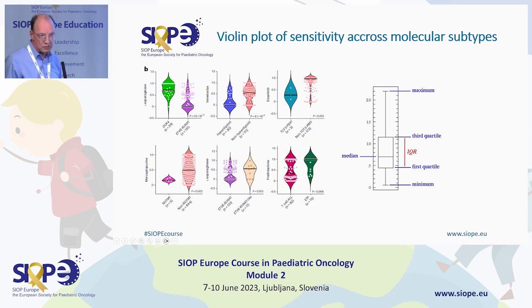The violin plot is basically the same, where you also have the median indicated with the horizontal black line, but then as additional, you also get a kind of distribution of this LC50 in this case around the median. So it's usually a little bit more informative about the distribution or the relation with the drug.